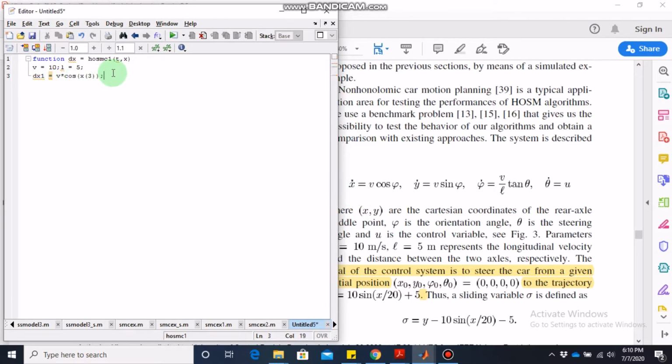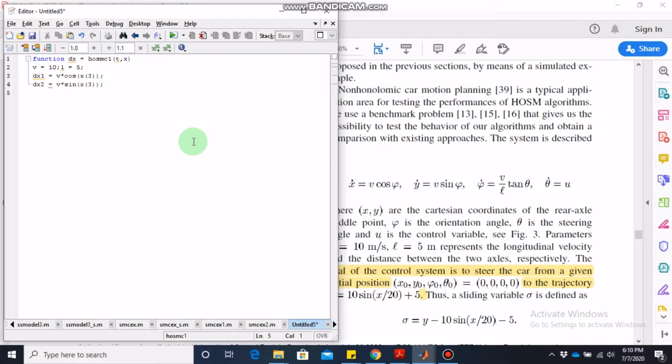We put semicolon at the end of the statement to suppress the output of the statement on the command window, and then dx2 is the derivative of y, which is v times sine of x3. Phi for us is x3.